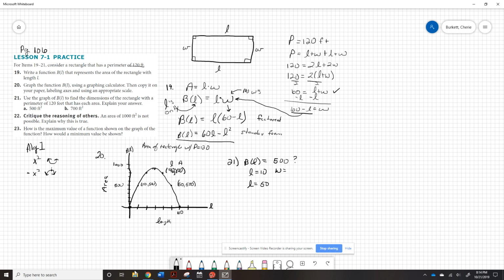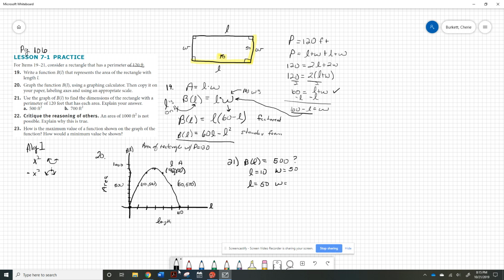Well, remember, we've got another dimension. If the length is 10 and these two together have to make 60, then 10 right here plus what would make these two be 60? So if this is 10, then this right here would have to be 50 in order for those two to add together to be 60. So if my length is 10, my width has to be 50.